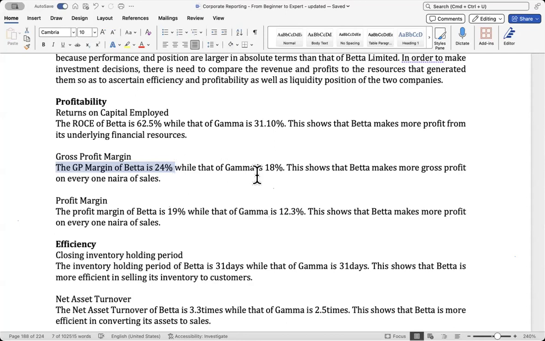You will see that as I'm expressing each ratio, I'm telling the examiner what they mean. I'm telling the examiner what it shows for Beta to have a higher ratio, so this person knows that you know what you're talking about. That is what the ratio shows.